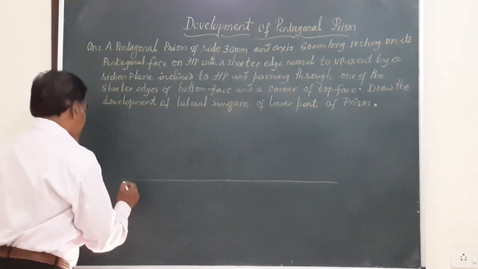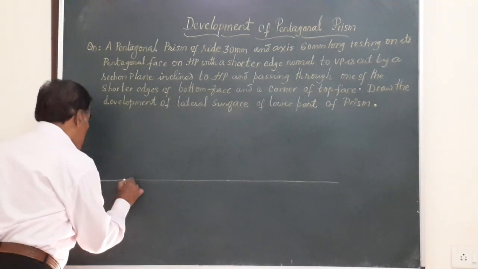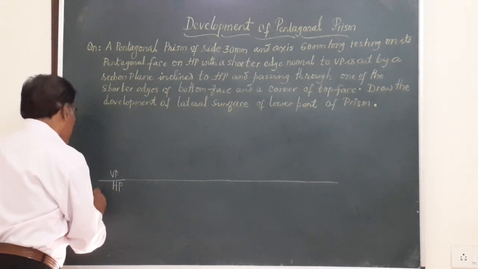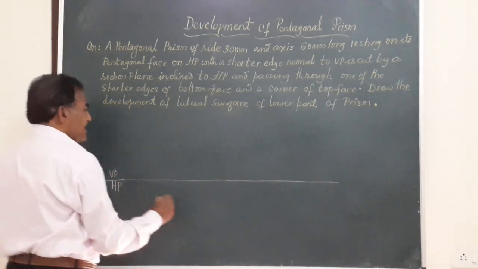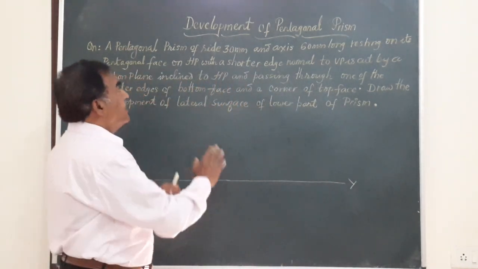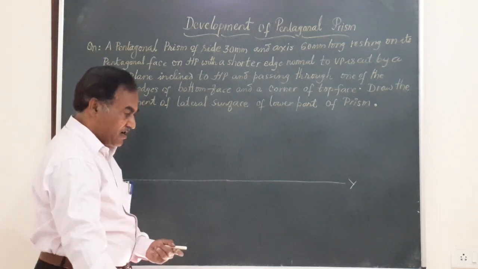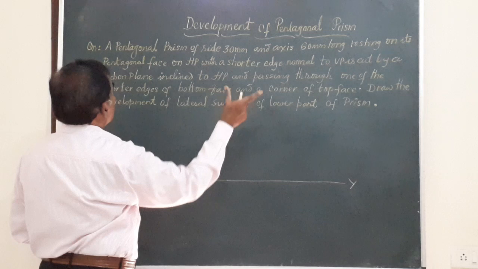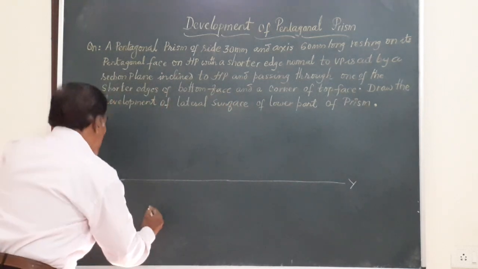So I draw the XY line, mark VP and HP to indicate the first angle projection, and this XY line represents the line of intersection of the vertical plane and the horizontal plane. And here the object has to rest with one of the shorter edges normal to VP.